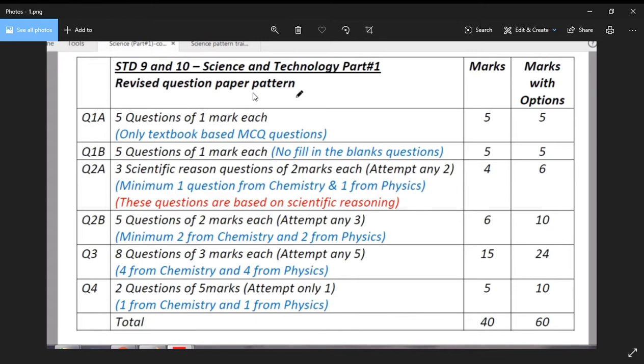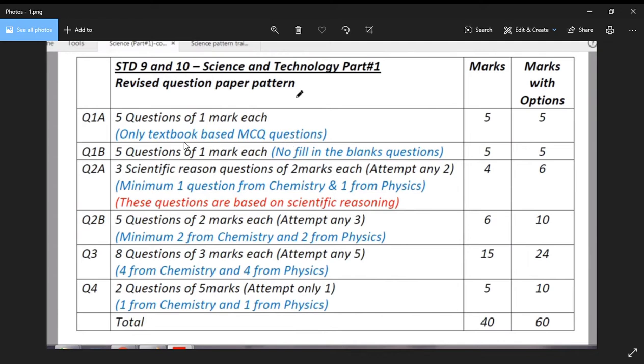Now our question paper is similar to standard 9, which contains 4 questions, in which question 1 consists of sub-questions A and B. Question 2 also contains sub-questions A and B, followed by question 3 and question 4. Question 1A has 5 questions of 1 mark each, based only on the textbook, in the form of MCQ questions.